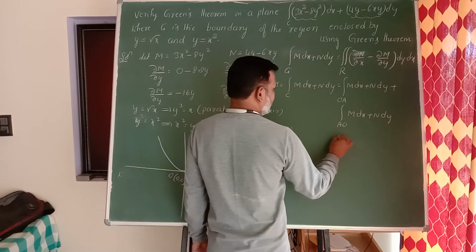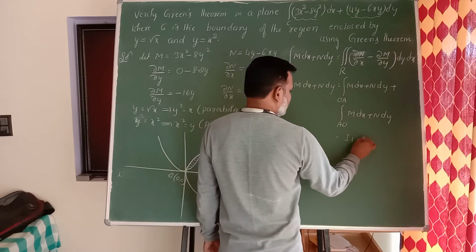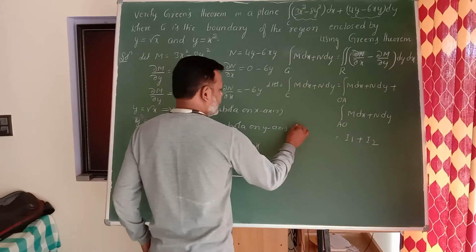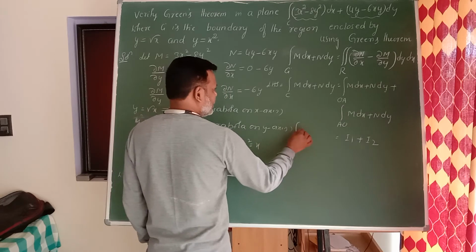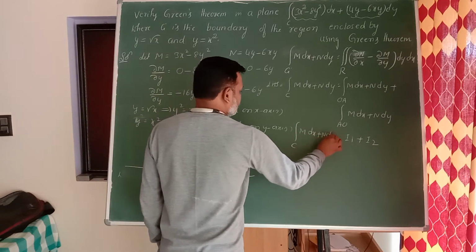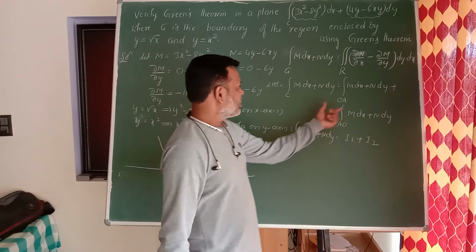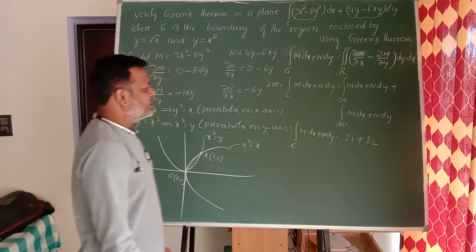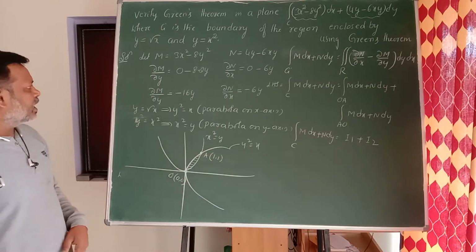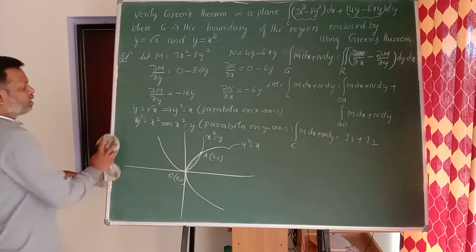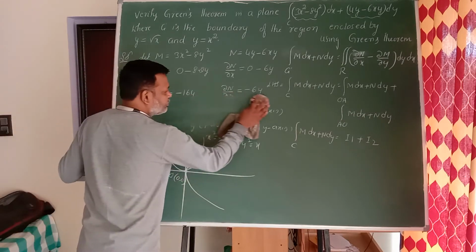So let us take the first one as I1 and the second one as I2. Now let us find out I1 plus I2. This is a line integral of M dx plus N dy, just a symbolic form. Now let us find out I1 and I2 individually.